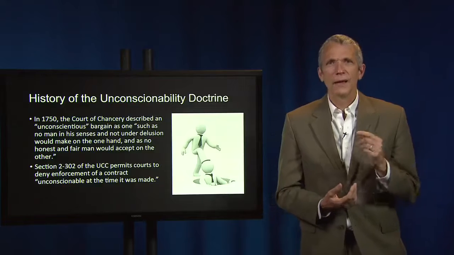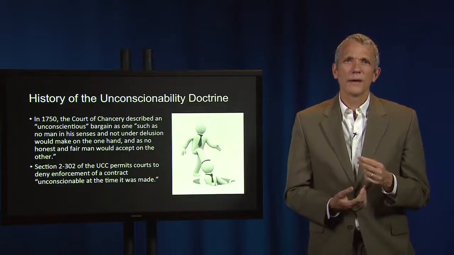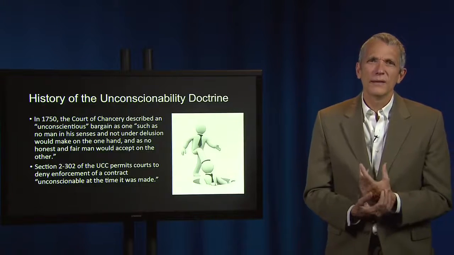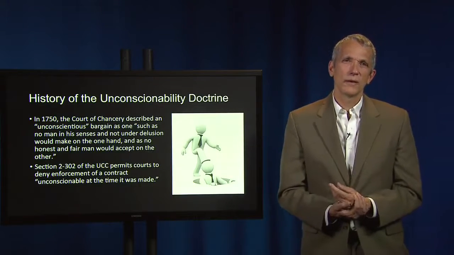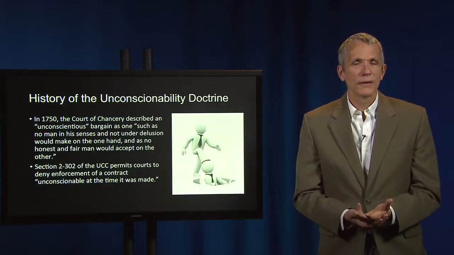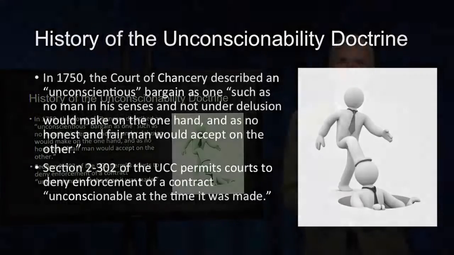This case and other similar earlier cases, however, were not brought under a single clearly established doctrinal umbrella until the latter part of the 20th century. Crucial in this process was the publication and enactment of the UCC's Section 2-302, which permitted courts to deny enforcement with regard to contracts for the sale of goods where a contract is unconscionable at the time it was made.